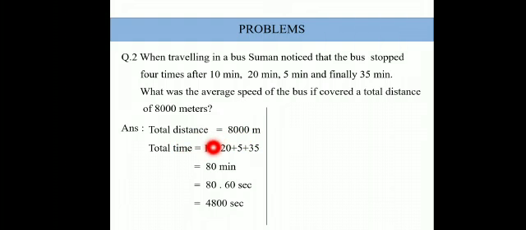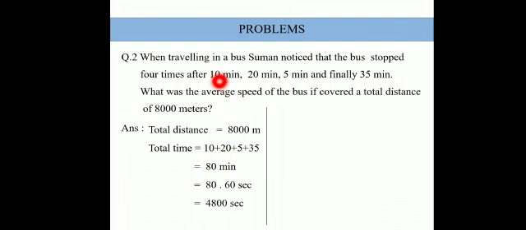Remember, the SI unit for time is second, but all the values given to us here are in minutes. So total time is 10 minutes, 20 minutes, 5 and 35. So 35 plus 5 is 40, and 40 plus 30 is 70. This is not 80, so there is something mistaken here.